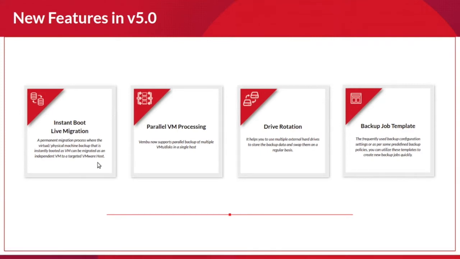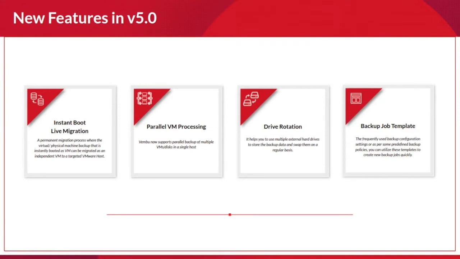Whether it is a physical machine, a VMware virtual machine, or a Hyper-V virtual machine, if you perform this instant boot, you can do all the changes on it. Once your work is done, you can perform this live migration in the background. With all the changes that you have made, it will migrate to the production environment, and you can continue using it from there. So that's instant boot live migration.